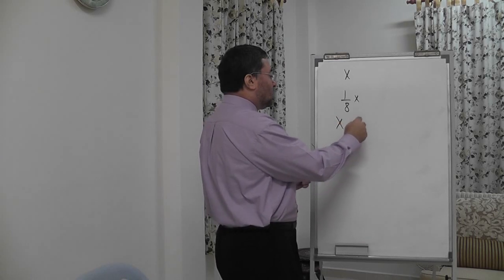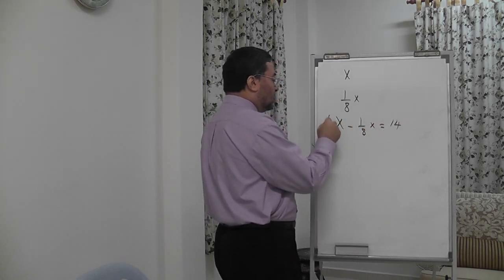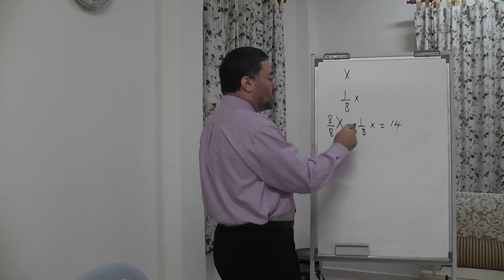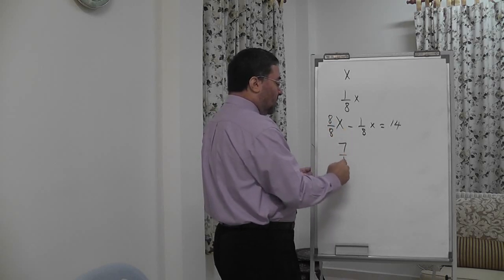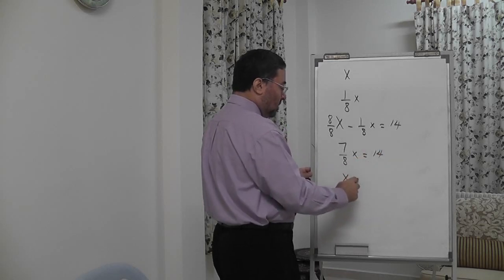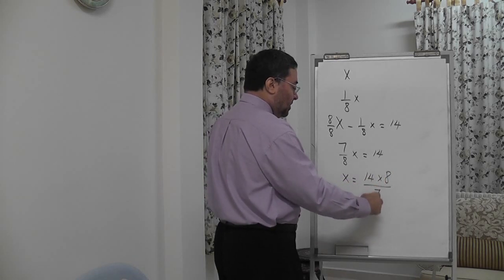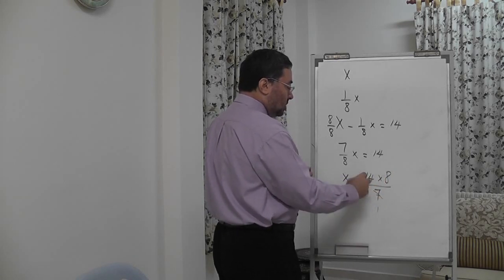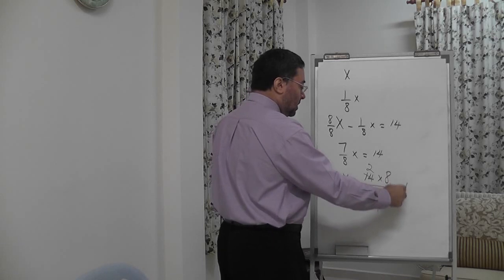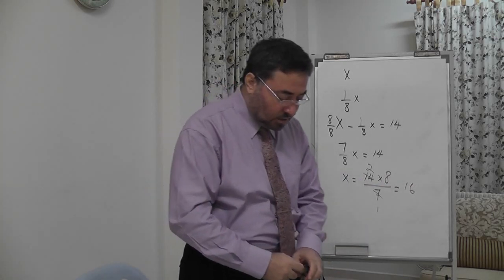So x minus 1/8x equals 14. This is 8/8x. So we subtract, that will be 7/8x equals 14. x equals 14 times 8/7. This easily cuts with this 2, and that will be 16. So the number of records that he had is 16.